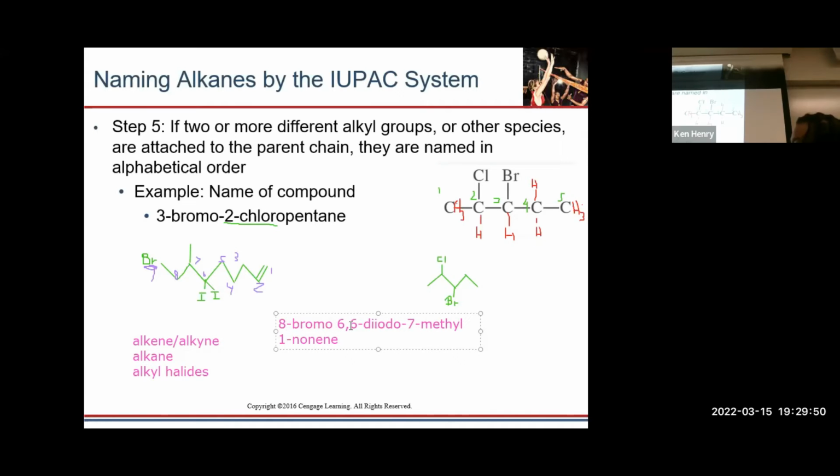It should be 8 bromo, and it should be octene. Right? Okay. And it's funny because we just talked about it, right? This is what students always do. And then we just did that, right?